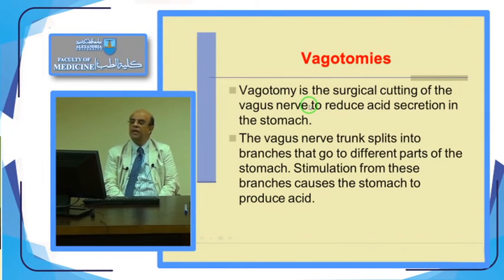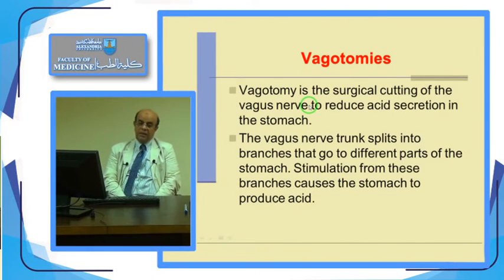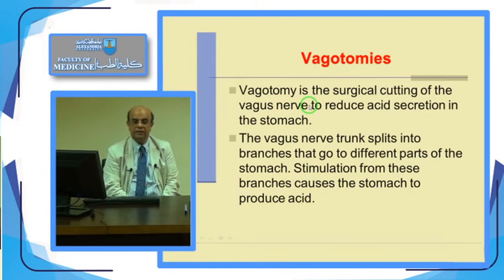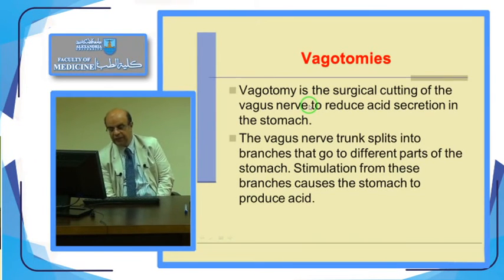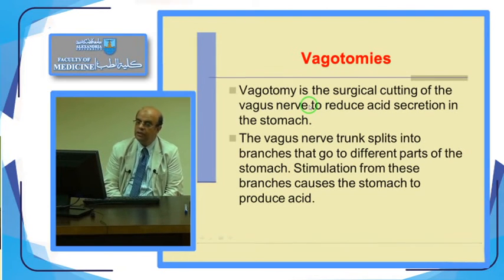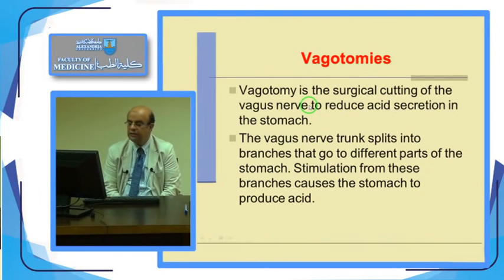It is a surgical cutting of the vagus nerve to reduce acid secretion in the stomach. The vagus nerve stimulates the parietal cells to secrete acid. So when we cut them, there is less stimulation and a decrease in the acidity inside the stomach.